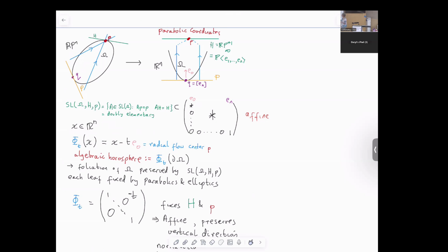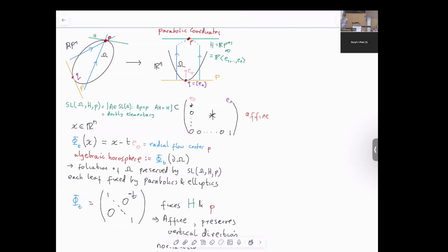It's codimension 1. So this domain is some convex set in affine space, and it's above some convex up hypersurface. And I've chosen some point Q and a supporting hyperplane there, which becomes the origin in affine space, and this becomes a horizontal axis. So given a choice of a secondary point Q and a supporting hyperplane, you get this setup called parabolic coordinates.